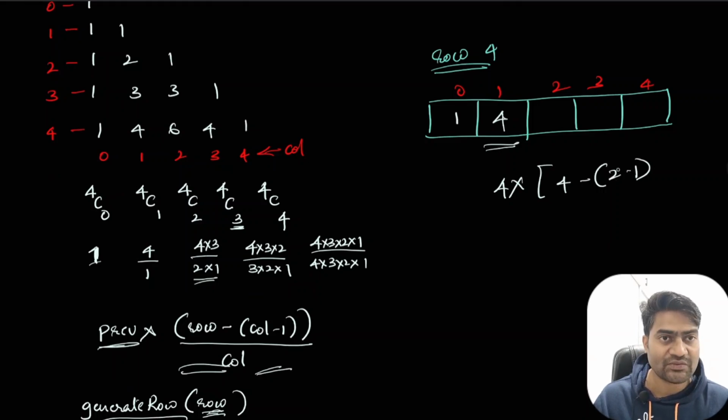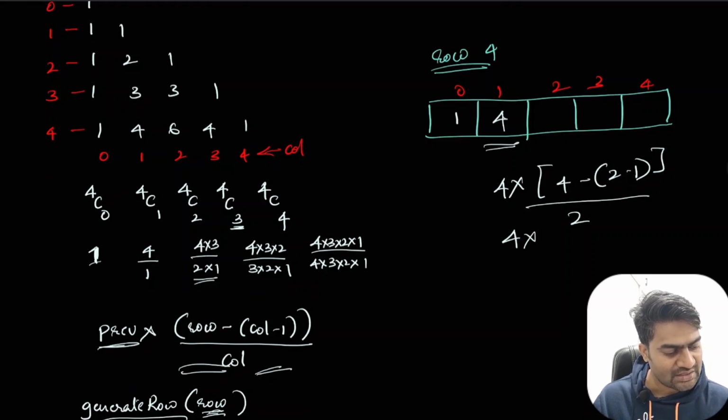So it will be 4 minus 2 minus 1, which is 4 minus 1. So we will get 3 divided by our column, which is 2. Now this becomes 4 into 3 divided by 2. 2 ones are 2, 2 twos are 4, so 3 twos are 6. So we will get 6 here.